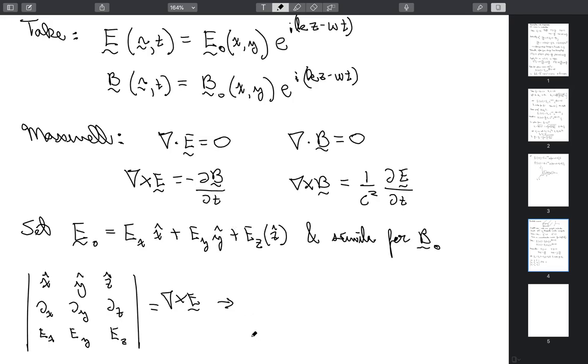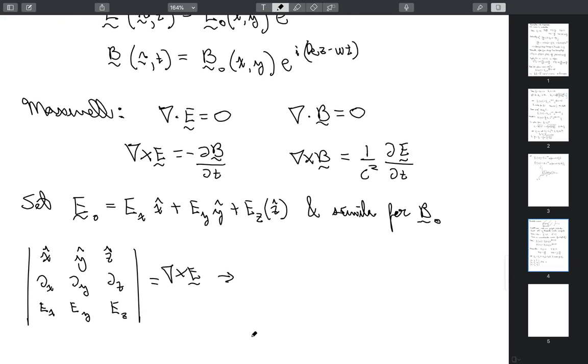So immediately I can start writing a set of equations coming from this one. If I do the z hat component, I just need these ones here coming through.